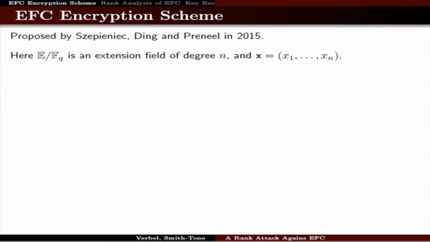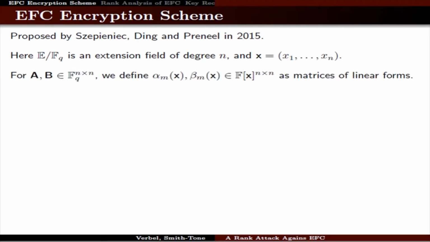In this talk, we're going to use two fields, a field E, which is an extension field, and a field F_q with q elements, which we are going to call our base field or small field. The extension field is a degree n extension, and here we're going to denote by x the vector of n variables.